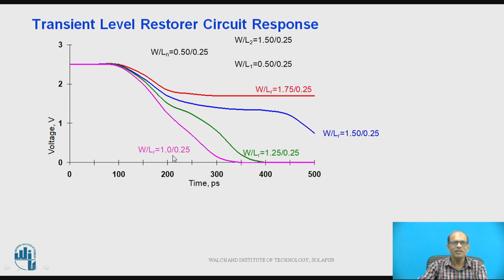Here W by LR is 1 divided by 0.25. This is the output voltage versus time.